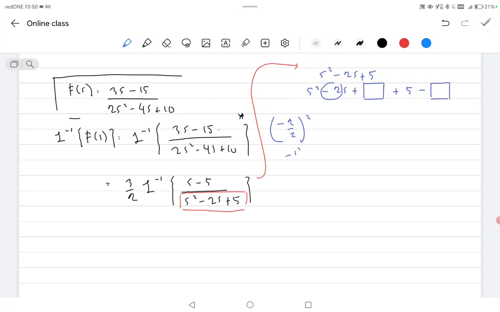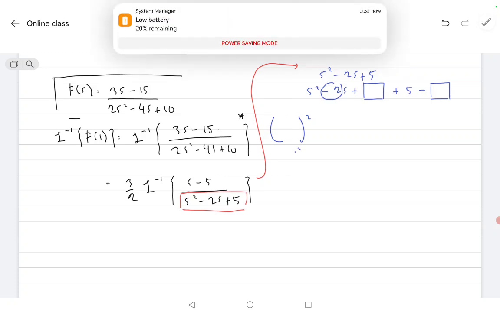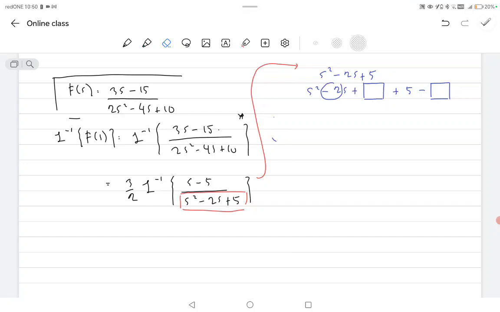So we have s squared minus 2s plus minus 1 squared, plus 5 minus minus 1 squared.